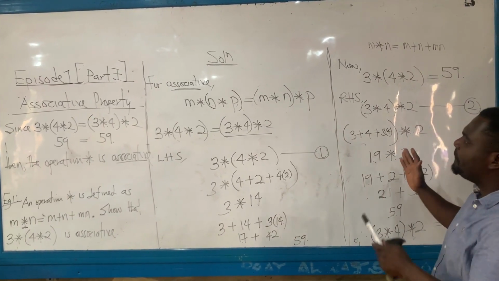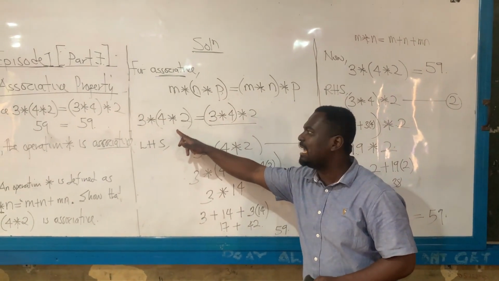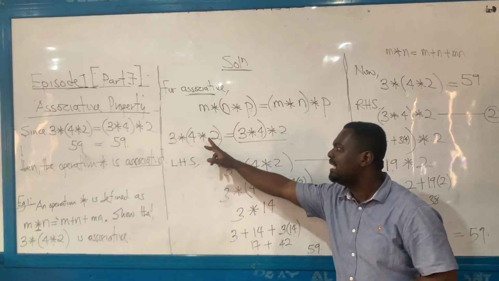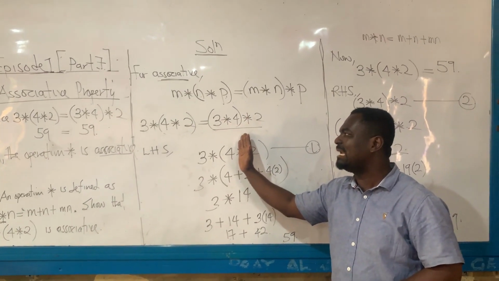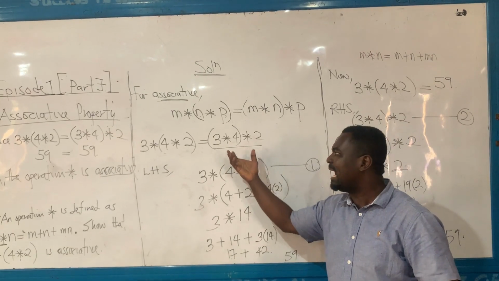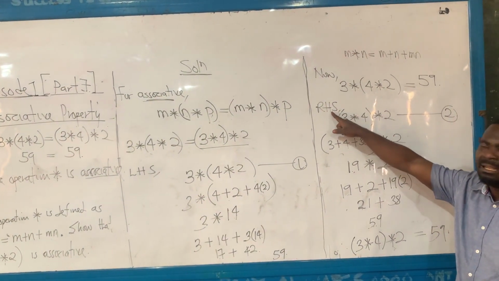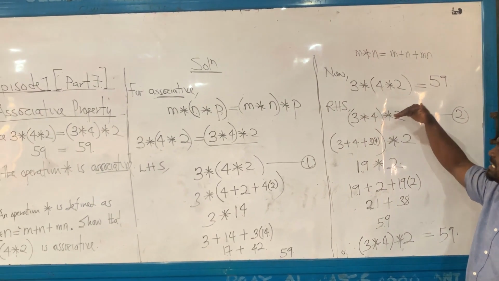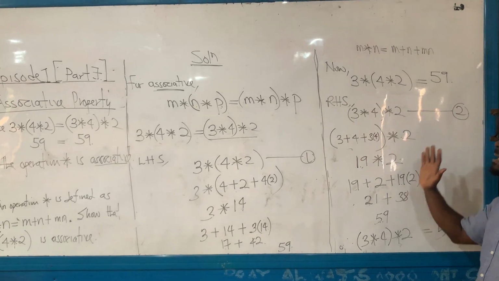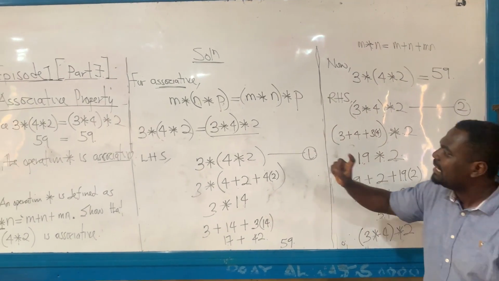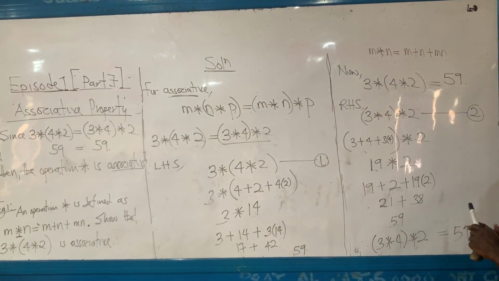After you are done, for you to know that the operation is associative, we said that for an operation to be associative, the left hand side should be the same as the right hand side. So I need to take the right hand side into consideration, and solve it in such a way that if my final answer to my right hand side is the same as that of the left hand side, then the operation is associative.